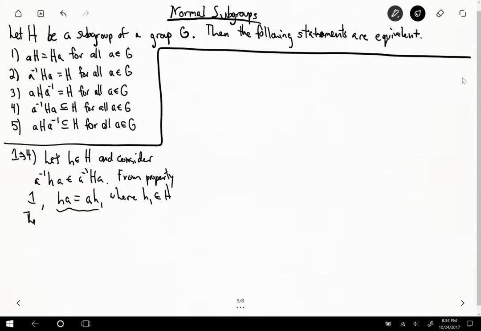So then a inverse h a equals a inverse a h1, which equals, since those two are inverses of one another, that becomes the identity, and you're left with h1, which is an element of H. Well, if h1 is this a inverse h a, that means it's also an element of H. Therefore, we have a inverse h a is contained in H. So 1 implies 4 is done. Okay, 4 implies 5.